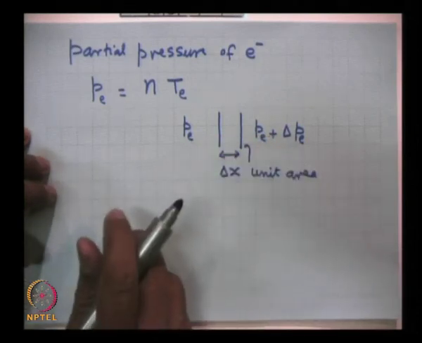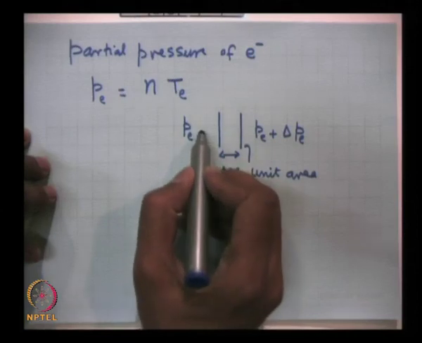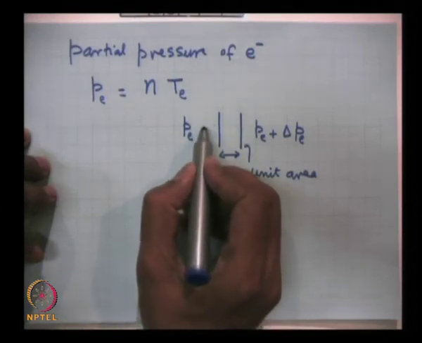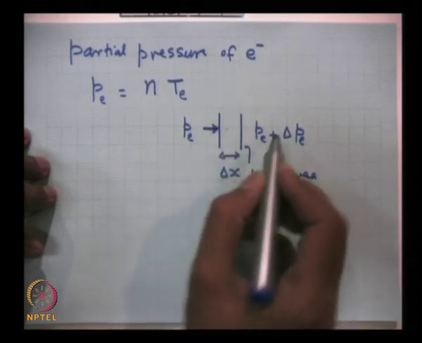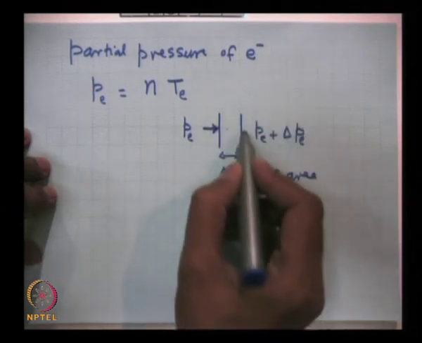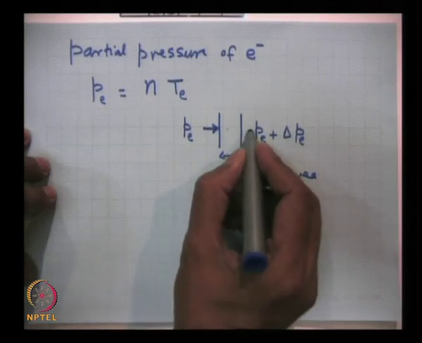Now what does the pressure do? Pressure means the force exerted by the gas, so the gas on the left exerts a force in this direction, whereas the electron gas on the right hand side will exert a force in the leftward direction.